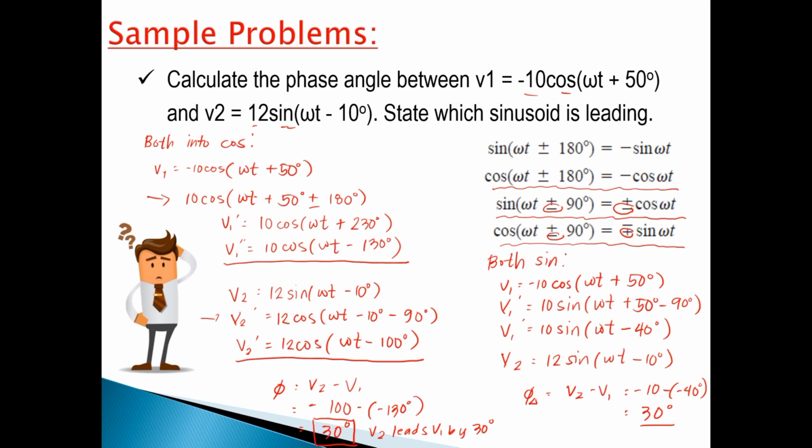So the same, V2 leads V1 by 30 degrees. It's up to you if you will convert it into both cosine or both sine, because the process will just lead to the same answer. So, 30 degrees.